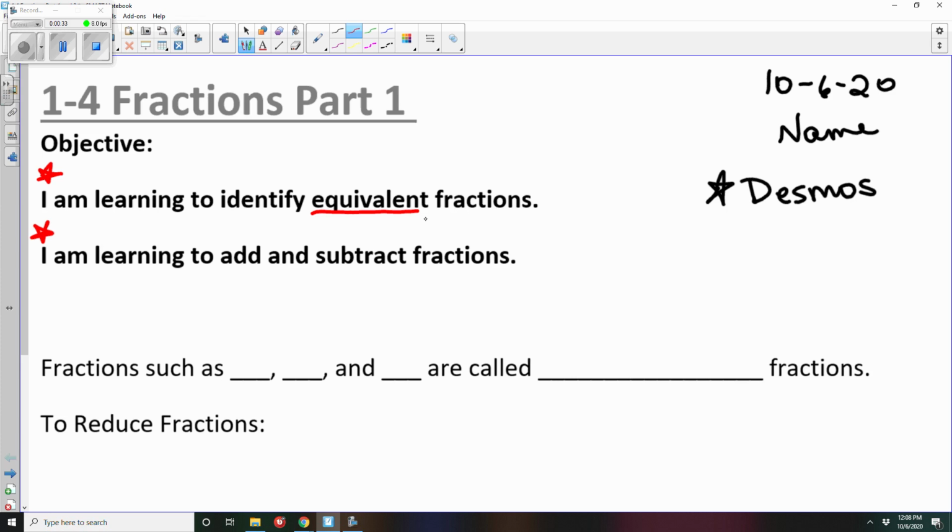So fractions such as, go ahead and write that out for me. So fractions such as, and then that way we can give some examples. Alrighty, so fractions such as 1/2, 5/10, and 7/14 are called equivalent fractions.